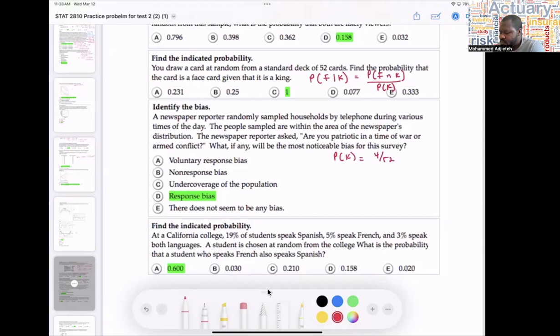Probability of a face card and a king. We have 12 face cards, but we are interested in face card and a king, so it has to satisfy both conditions. How many face cards are kings? That's also four of them.